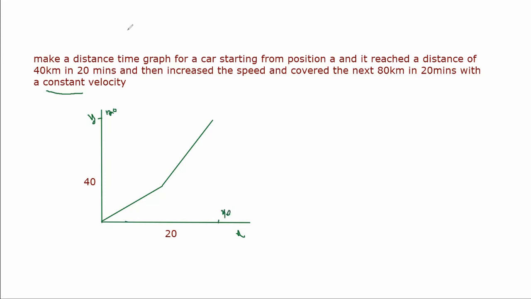First thing we can do is to convert the time in minutes into hours. 20 minutes divided by 60 would be equal to 1/3 of an hour. So now we want to calculate the speeds.